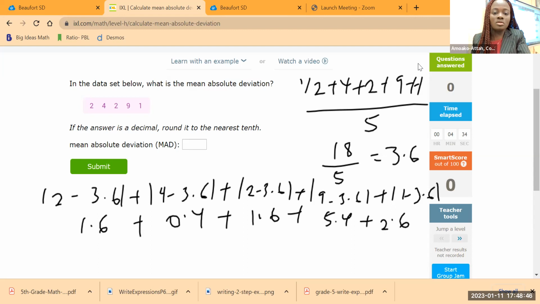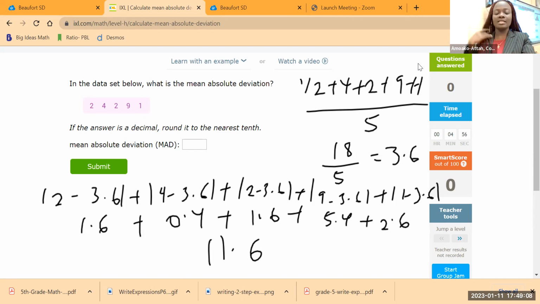And we had 11.6. Okay, so that's the second step.